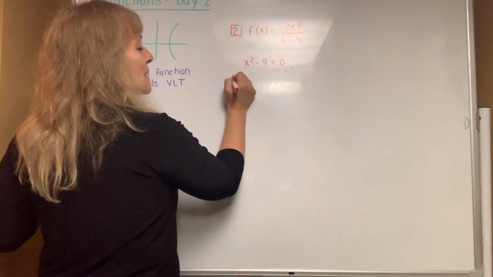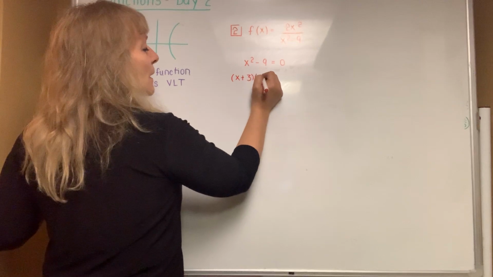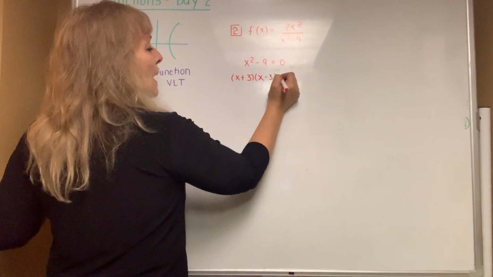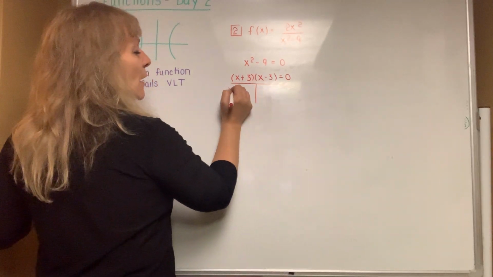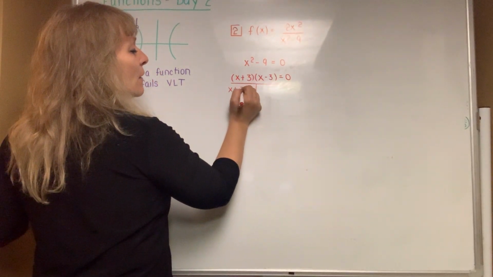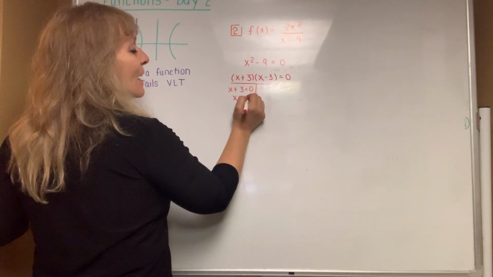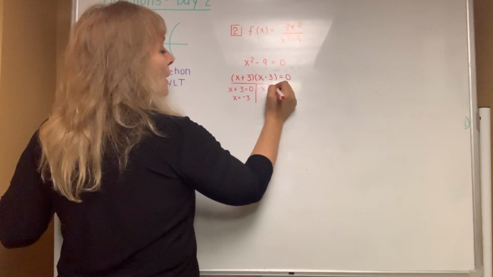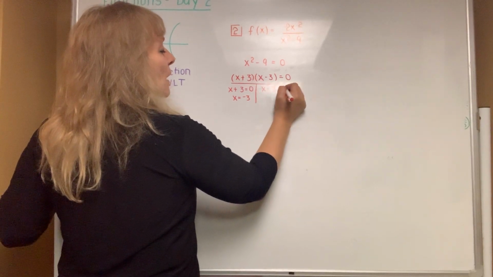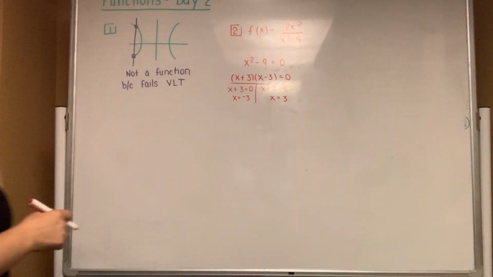All quadratics get factored, so I have x plus 3 and x minus 3. When I set each one of those factors equal to 0, I'm figuring out the values of x that you're not allowed to choose as part of the domain, because these values of x make the denominator equal to 0.